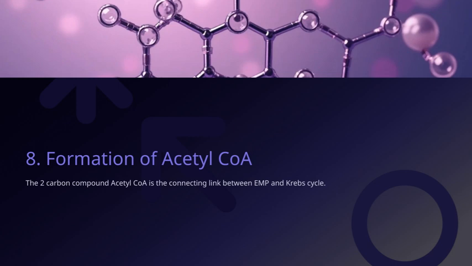This conversion is vital because it feeds the Krebs cycle, where further energy production occurs. So, in a way, acetyl-CoA is the bridge that connects the breakdown of glucose to the energy-generating processes in the mitochondria. Understanding this step helps us see how different metabolic pathways are interconnected, ensuring efficient energy extraction from nutrients.